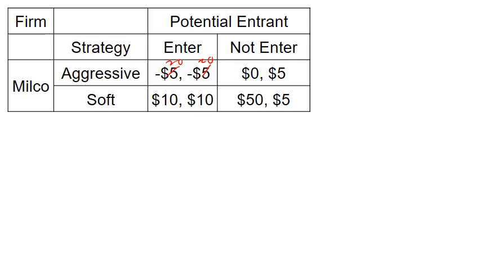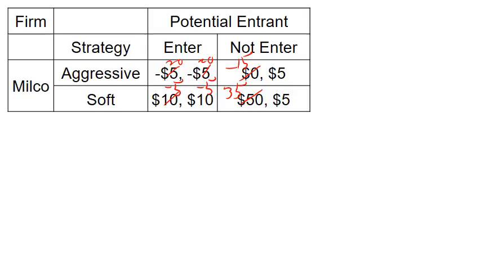In similar fashion, if potential entrant enters and Milko goes soft, profit will go from 10 to minus 5. If entrant stays out, its profit doesn't change. But Milko is still in the industry. It still loses $15 here, and 50 will go down to 35.